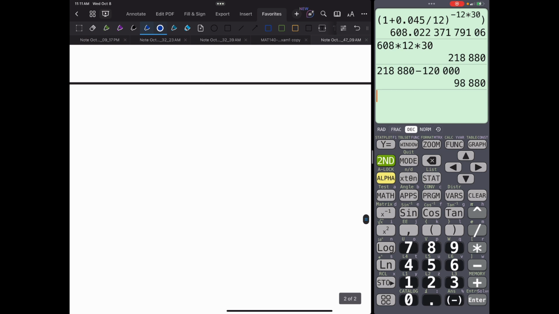Well, the way we're going to do this, we're going to make a table where we have our payment number as the first column of our table. The interest part of the payment for that month is in the second column here.